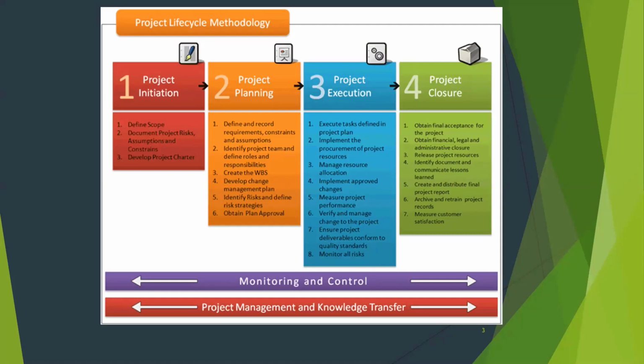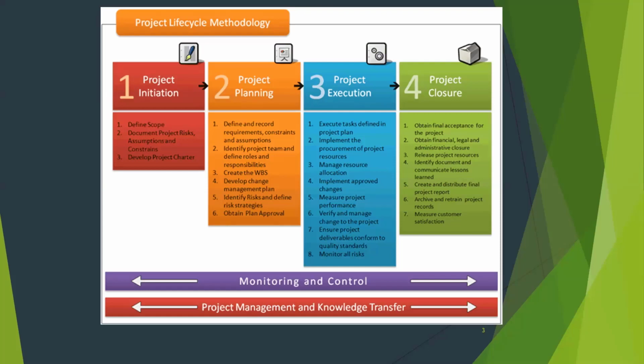Down at the bottom represents continuing to monitor and control the scope and what's being managed and delivered on the project. And then you're also constantly gathering knowledge about the project and archiving the different document artifacts into a knowledge repository.